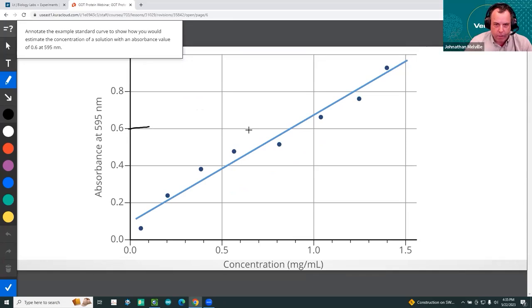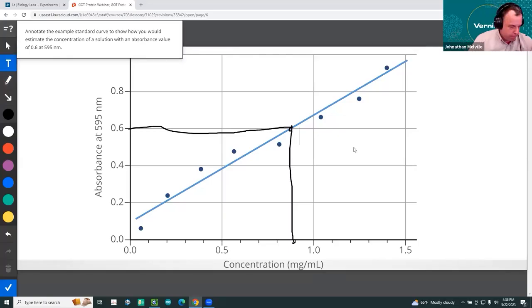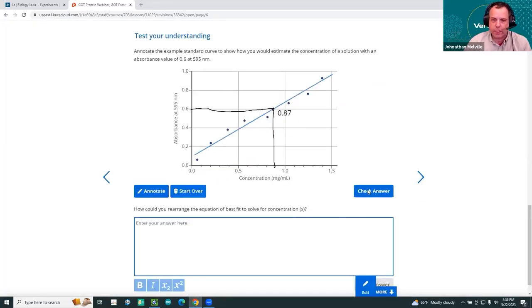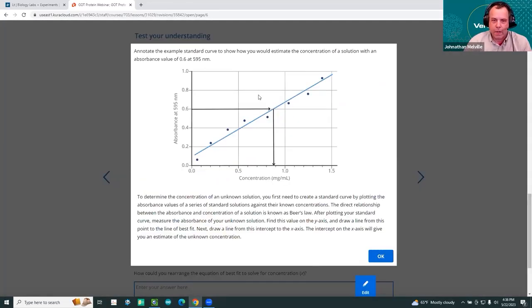They can draw across, find out, oh, it's that point right there, and then come down right about there. And you could even write what you think that is. I think that's probably around 0.87. You can exit when you want, and then the students can even check their answer. And you see it's going to show them right where it is.